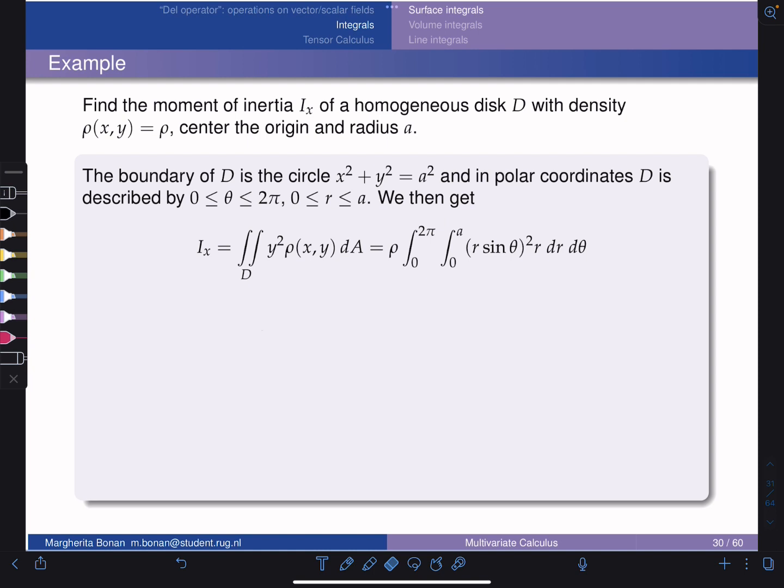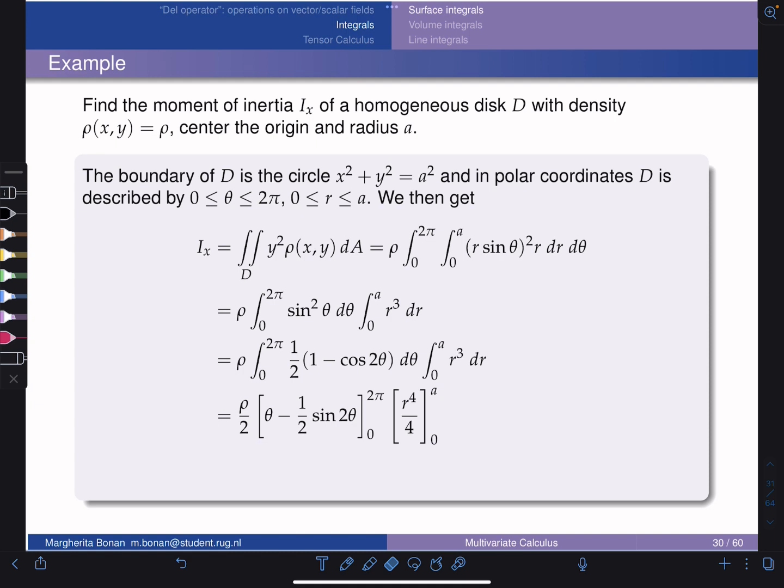This is dA. So this then becomes rho multiplied by the integral from 0 to 2 pi, and here we take the things that depend on theta, so sine squared theta d theta. Now we have the other integral from 0 to a, and here we have things that depend on r, so we have r cubed dr. Then we simplify sine squared into a half times 1 minus cosine 2 theta, so that it's easier to integrate this part, as we get theta minus a half sine of 2 theta, and the bounds are 0 and 2 pi.